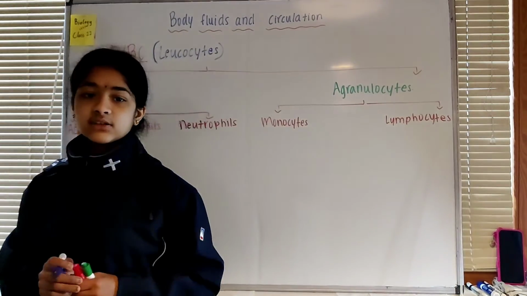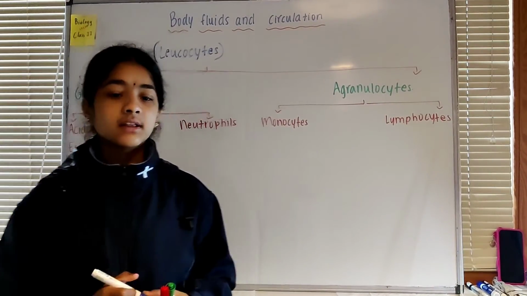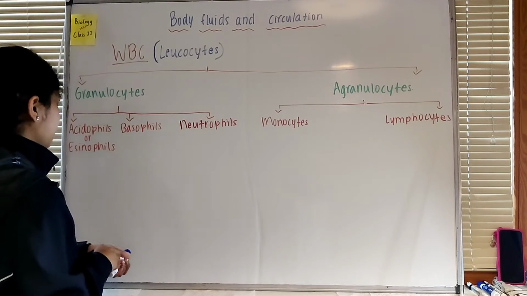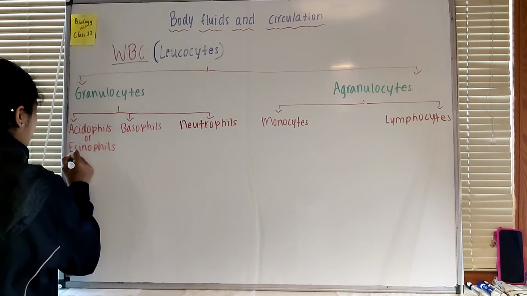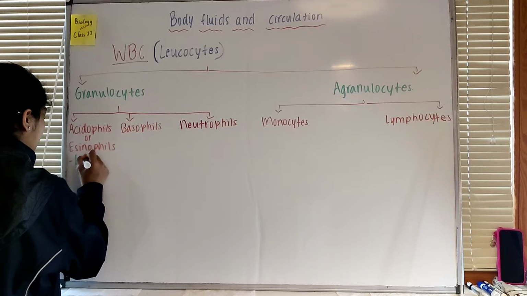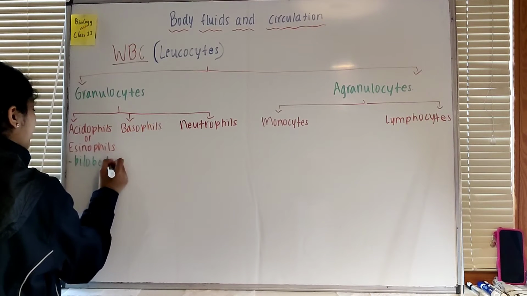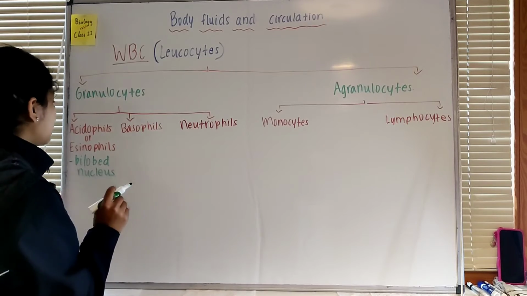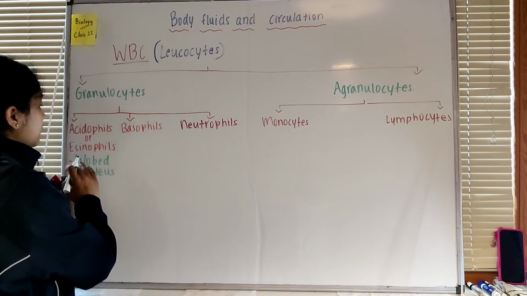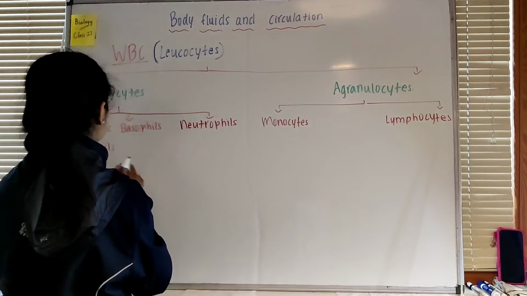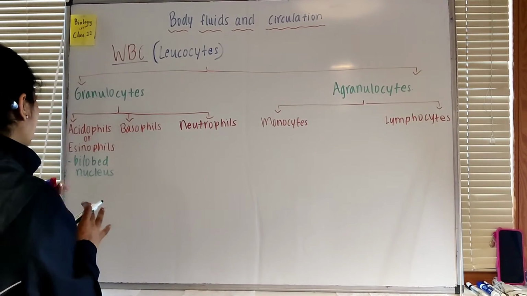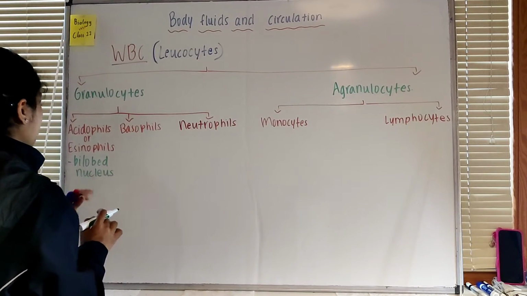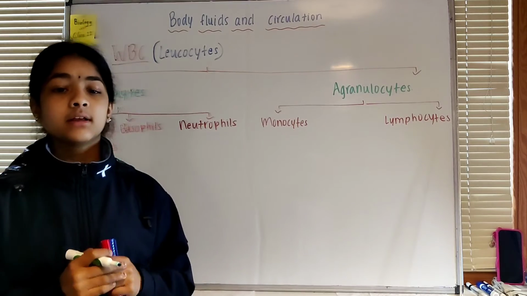Now, acidophils or eosinophils, these are bilobed. So they have a bilobed nucleus. That means the nucleus has two lobes. This is very important. The difference between acidophils, basophils and neutrophils is the shape of the nucleus. Acidophils have a bilobed nucleus.